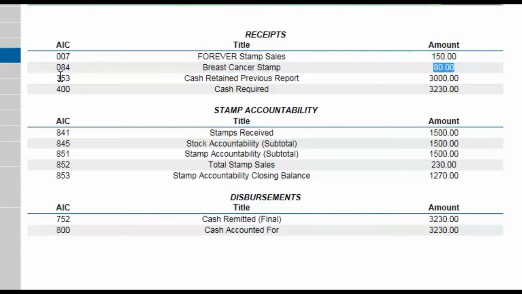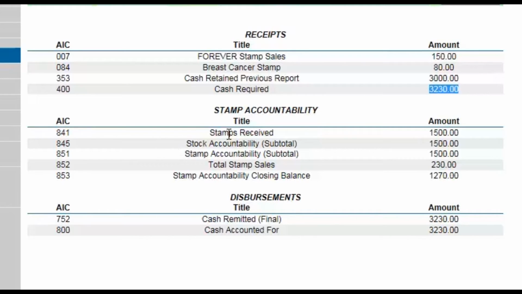As you can see, your AIC 353, this is from the previous day's business. It is the cash retained that was reported from the previous day. It is $3,000. So as a post office, you are responsible for showing that you have $3,230. Now let's go under the stamp accountability.